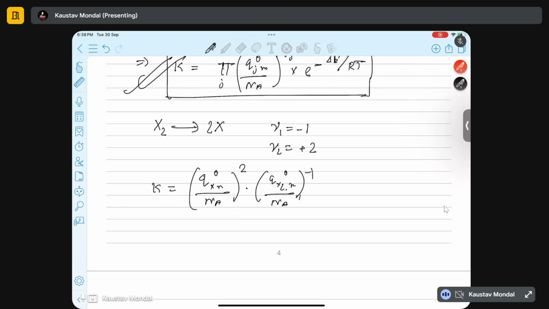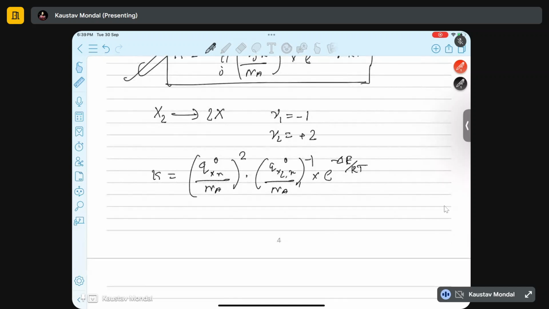So these are the two multiplicative terms into e to the power minus delta E by RT, right? So delta E is basically the dissociation energy that we are talking about.